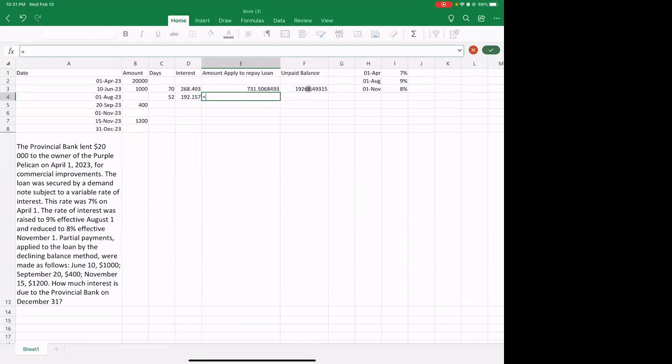This is the unpaid balance. This is the interest amount. So I'm going to switch.